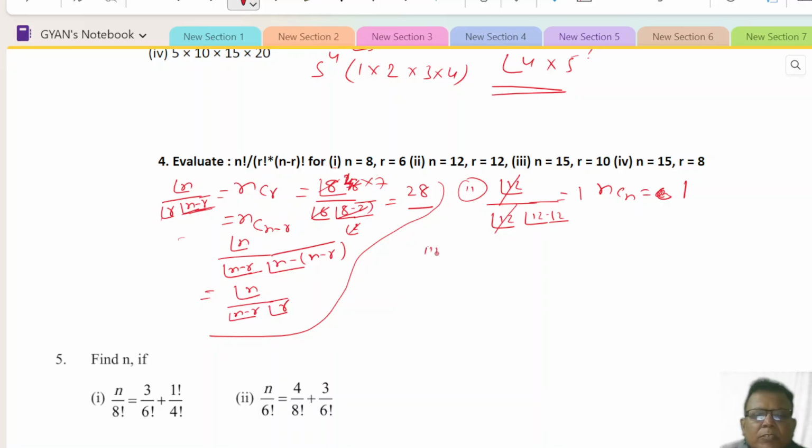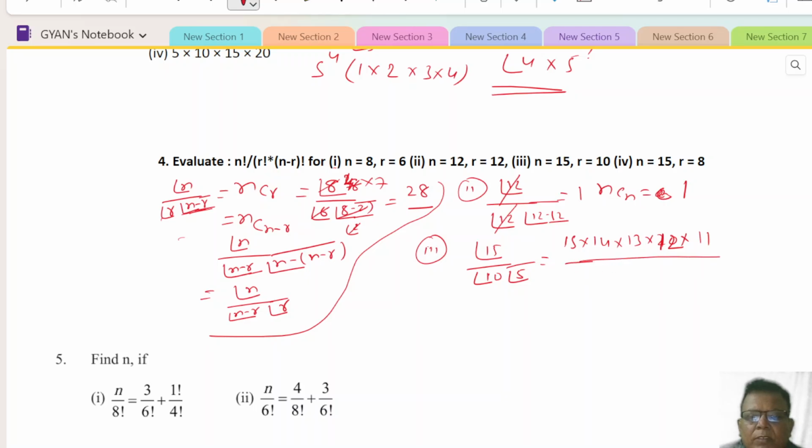Now come to question number 3. 3 is factorial 15 divided by factorial 10 and factorial 15 minus 10, that is equal to factorial 5. So this will be equal to 15, 14, 13, 12 and 11 divided by factorial 5.